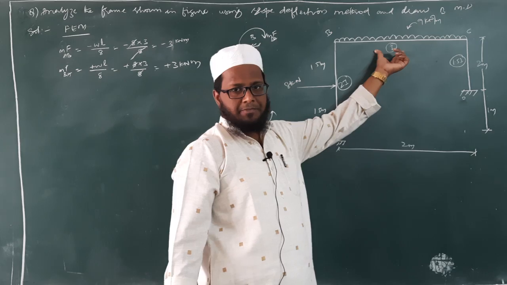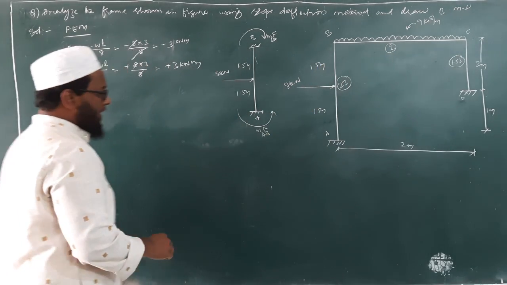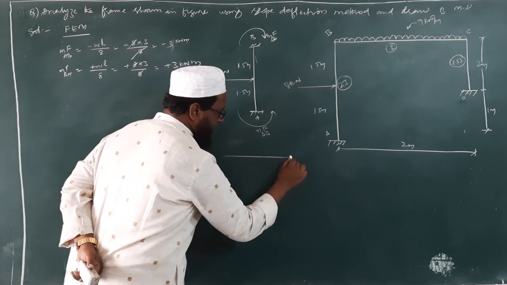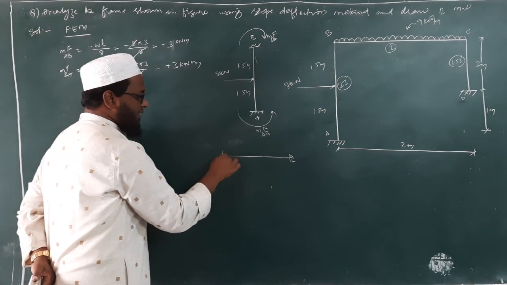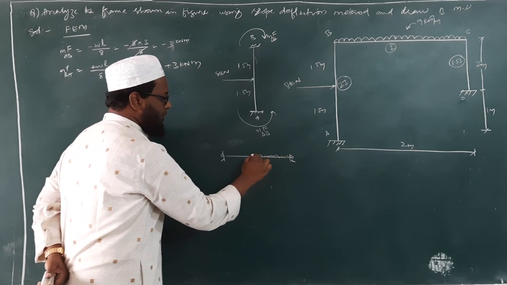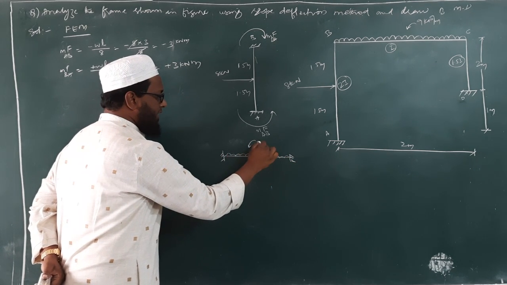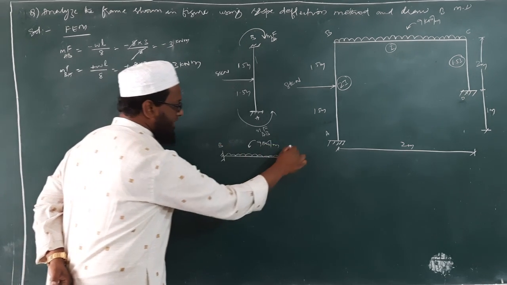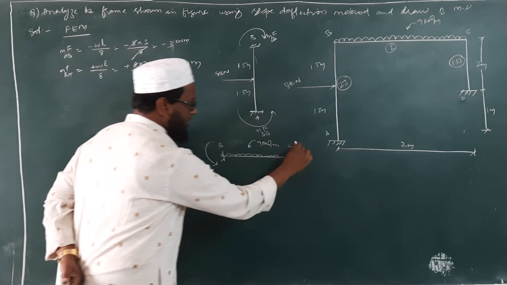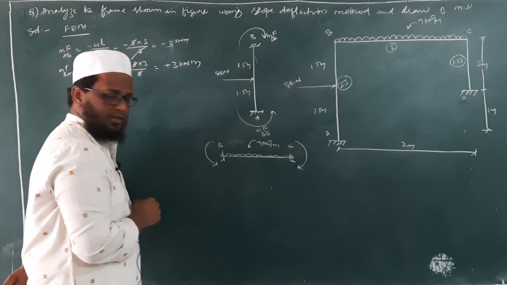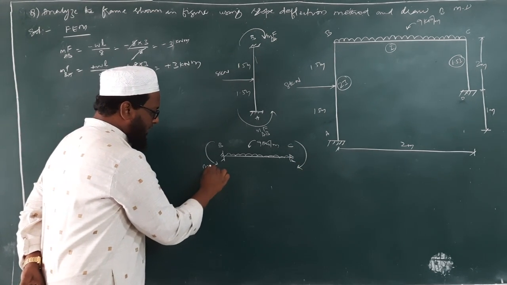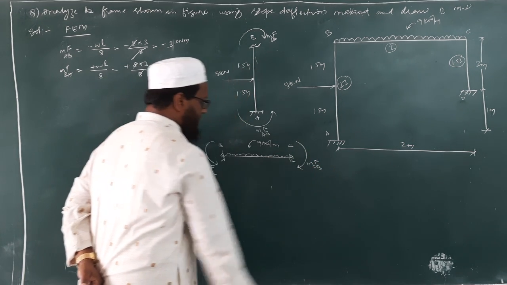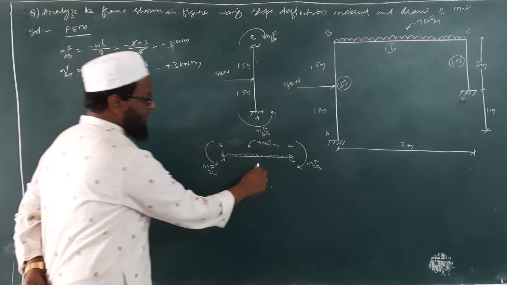Alright, next we'll go for this span BC. What is there on span BC? Span BC has a UDL. So what we will do for span BC? First we will fix it. We have a UDL of intensity 9 kilonewton per meter, and this is B and C. Because of this, we will be having two fixed end moments. One will be anti-clockwise and another one will be clockwise. So what is the span here? This is 2 meter.